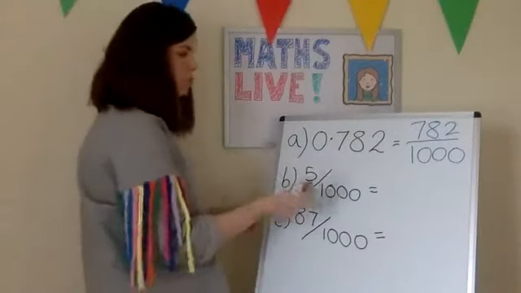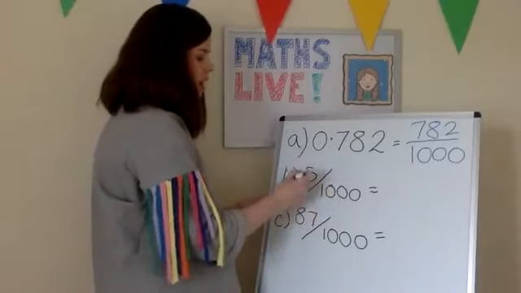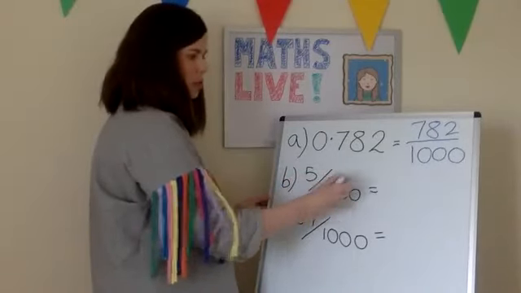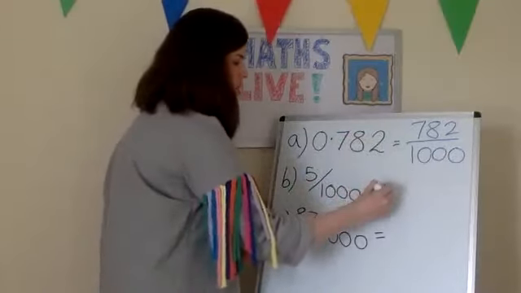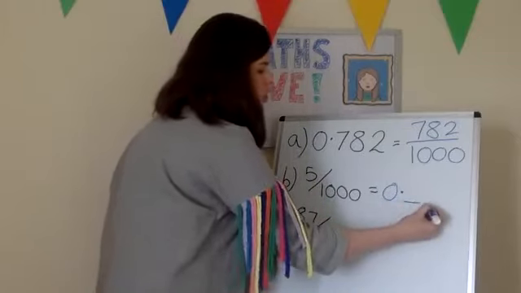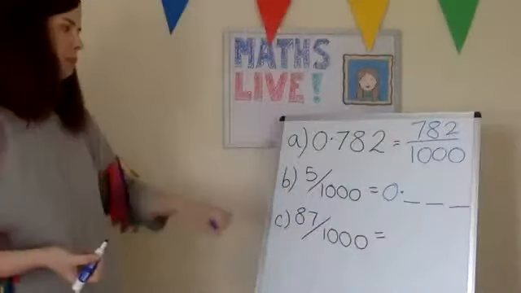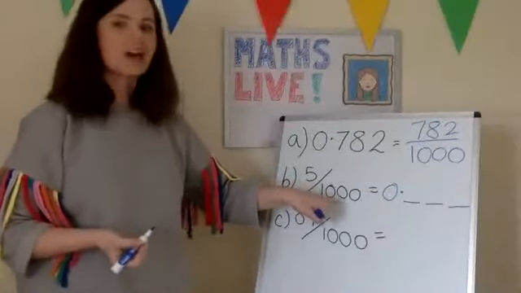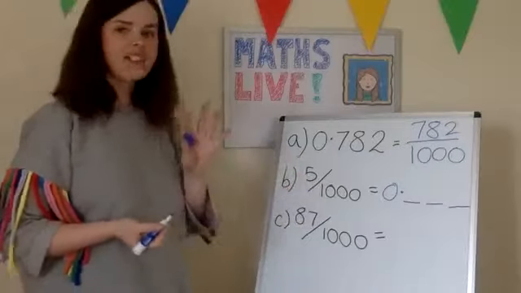Now, with this one, we're doing it as a decimal. It's 5 over 1,000. As you've seen up here, if it's 1,000, you're going to go 3 decimal places because you're going into the tenths, the hundredths, and the thousandths. This is a tricky one. How many thousandths are there? There are 5.